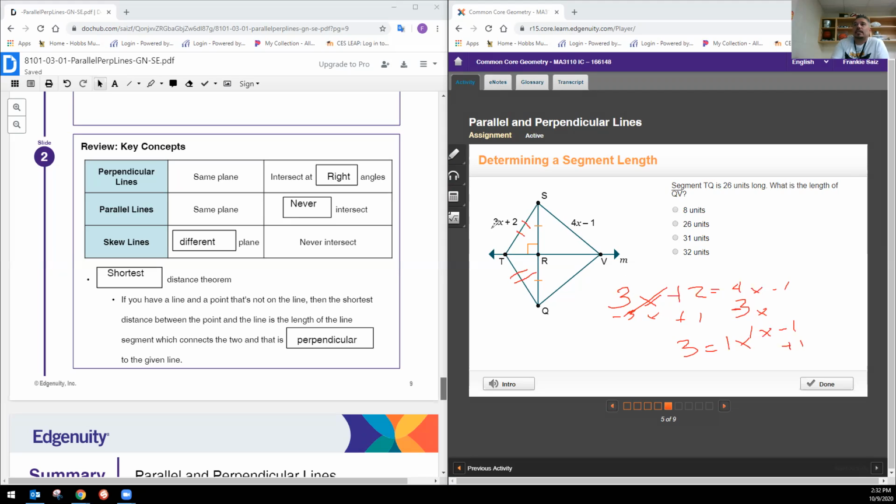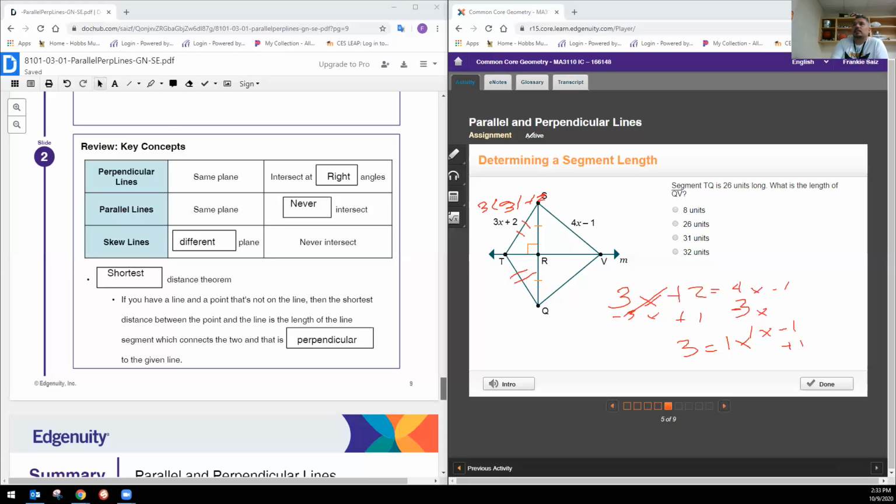So then I'm going to go ahead and substitute 3 right here. So 3 times 3 is 9 plus 2 is 11. This is equal to 26 units long. So 4x minus 1. Would this be 4 times 3 is 12 minus 1 is 11?